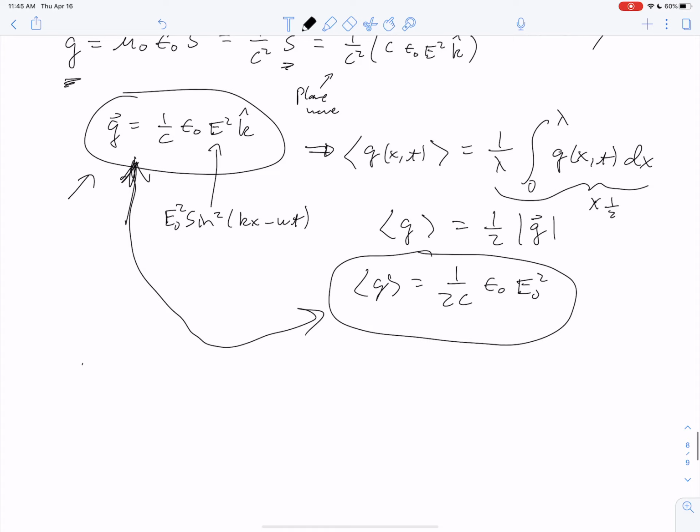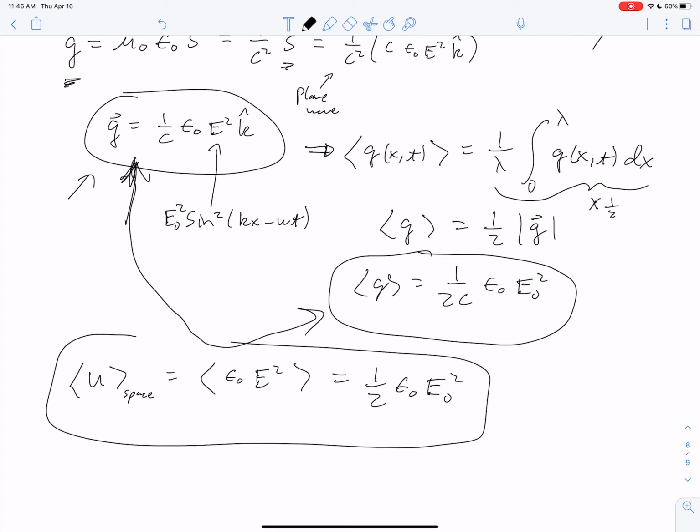And we can even do the same thing for energy density, because the average energy density in space is going to be the average of this quantity, epsilon naught E squared, which ends up being 1/2 epsilon naught E naught squared. Okay, so I think you see that pattern that is arising.